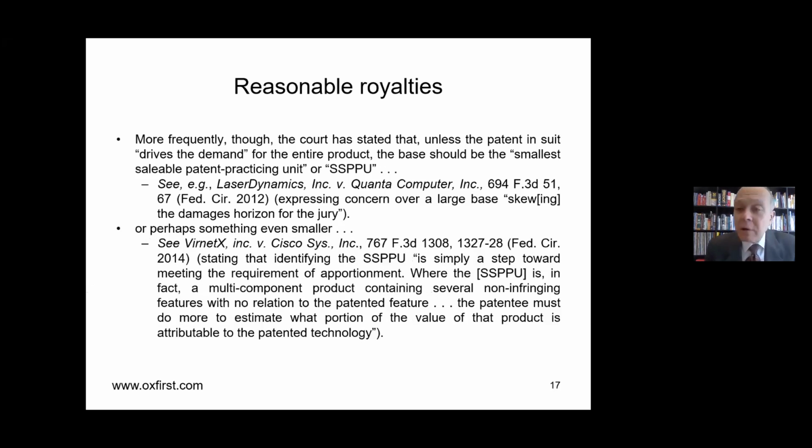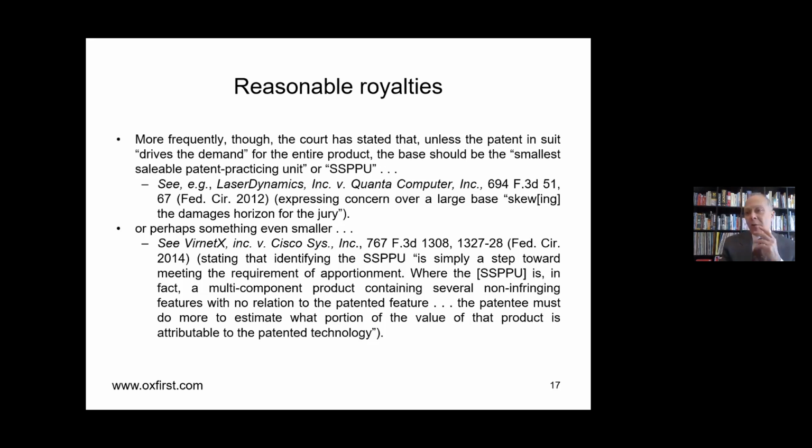That was the Federal Circuit's holding in VirnetX versus Cisco, where the court stated that the SSPPU is simply a step toward meeting the requirement of apportionment, where the SSPPU is in fact a multi-component product combining several non-infringing features with no relation to the patented feature.